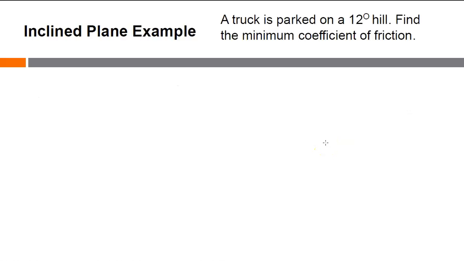Let me show you some problems that work like this. Here's a little problem. The truck is parked on a 12-degree hill. Find... oh, I can't do that problem yet because I haven't told you about friction yet. Well, let me change that a little bit. Let's change truck to ball, and I'll scratch out parked, and instead of minimum coefficient of friction, I don't know what I was thinking there.